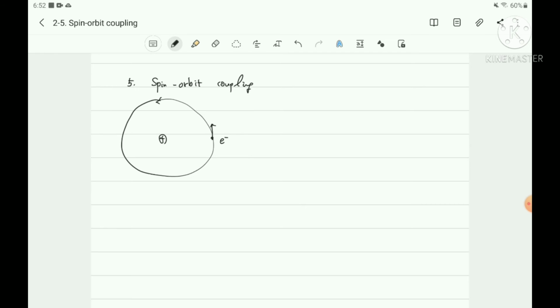In the electron frame, the electron does not move, and the nucleus moves around the electron.